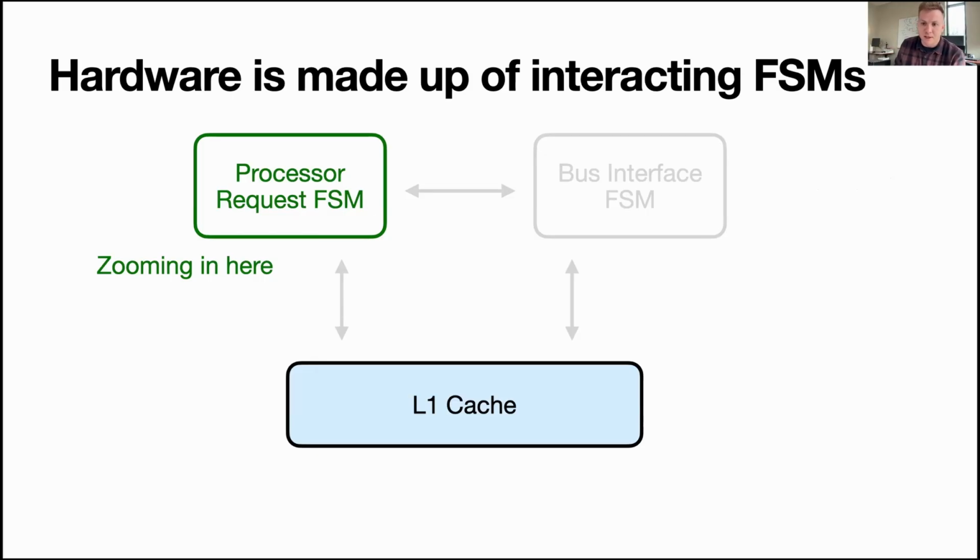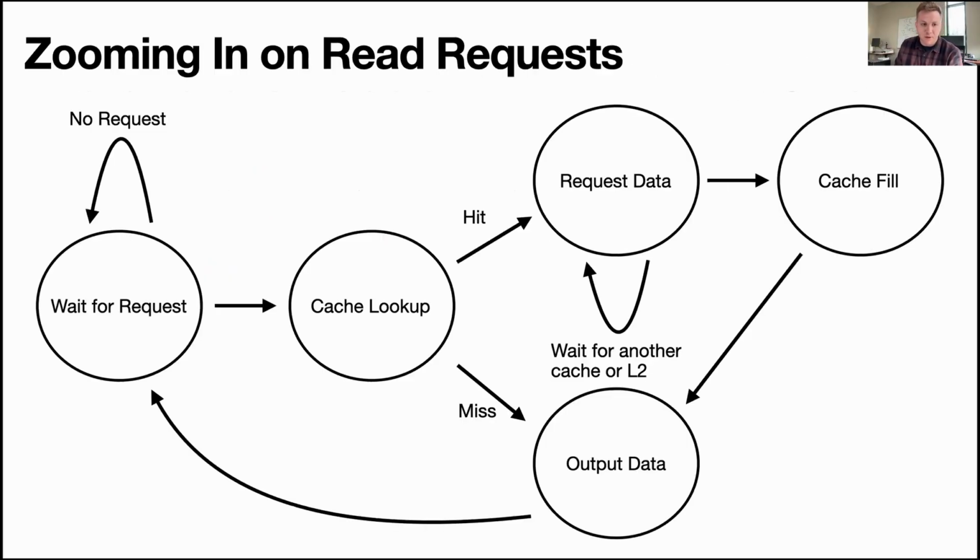Now, this example has some fiddly details with all the interaction, but we can simplify this and just zoom in on one part of the left FSM and observe how it handles read requests and see the complexity there. It starts in this wait for request state, spinning until it gets a request, where it looks at the data and proceeds in the hit or miss direction. While the specifics aren't super important here, the key idea is that there are only two paths that processing this request takes. It's either branching on the hit or the miss.